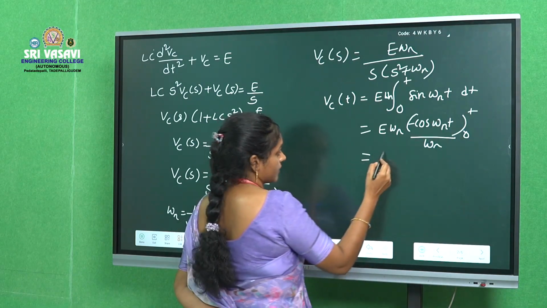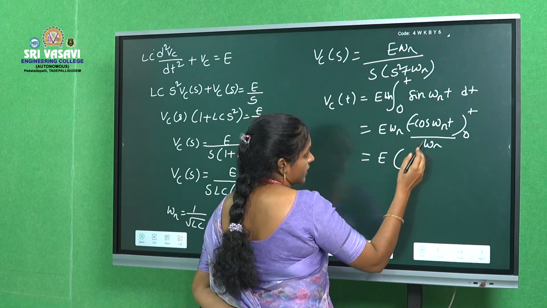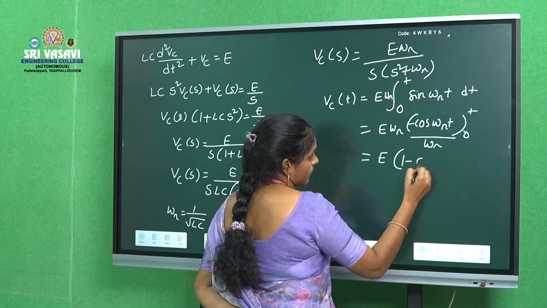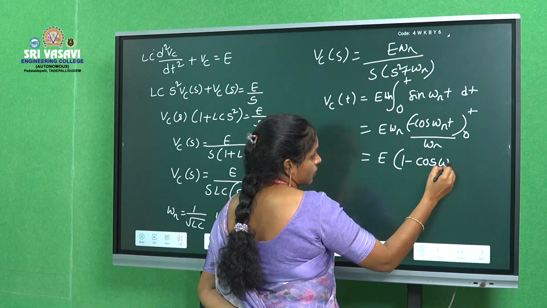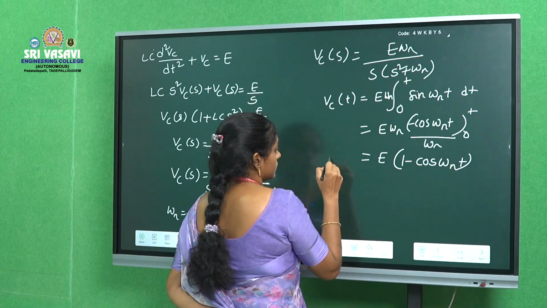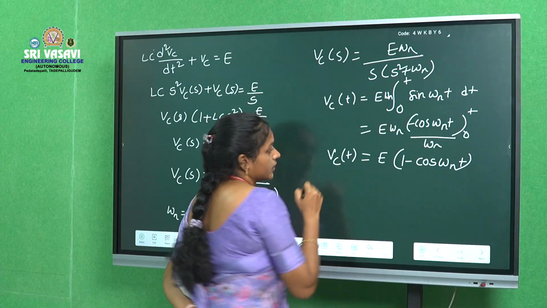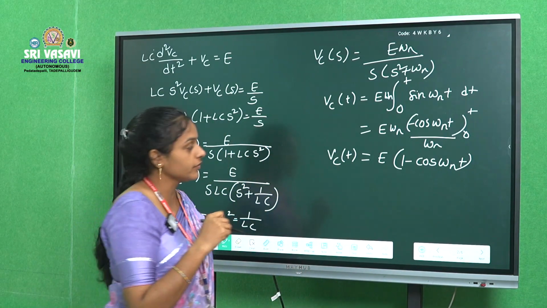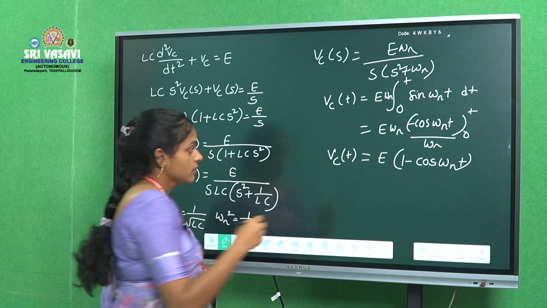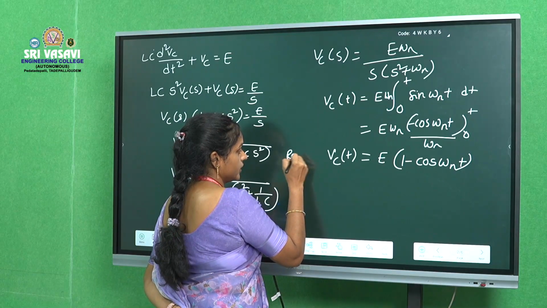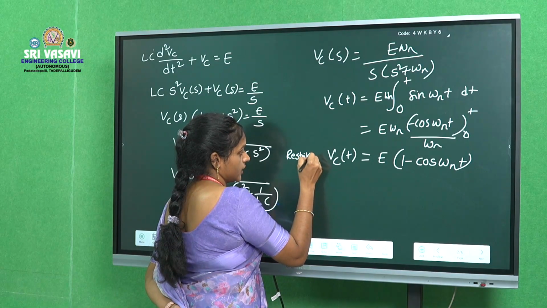Omega n cancels, then E into, by substituting those limits, 1 minus cos omega n t. This is Vc of t. So this is the expression for restriking voltage.